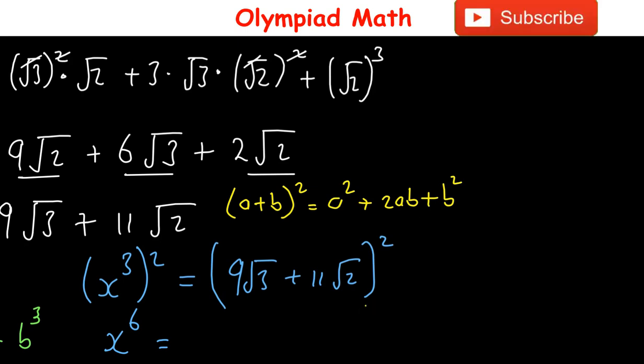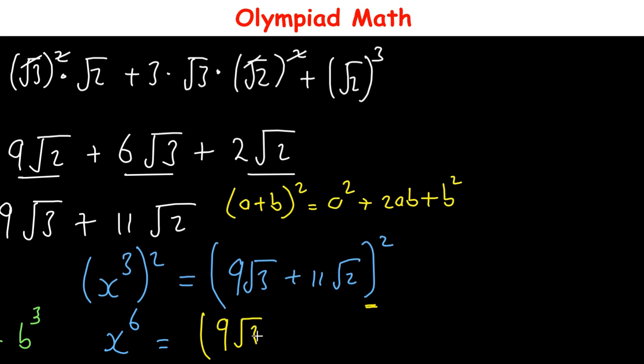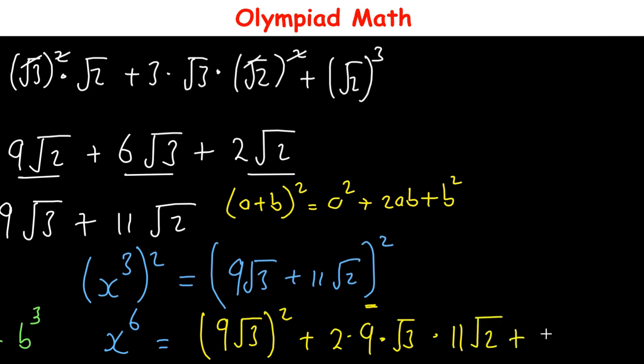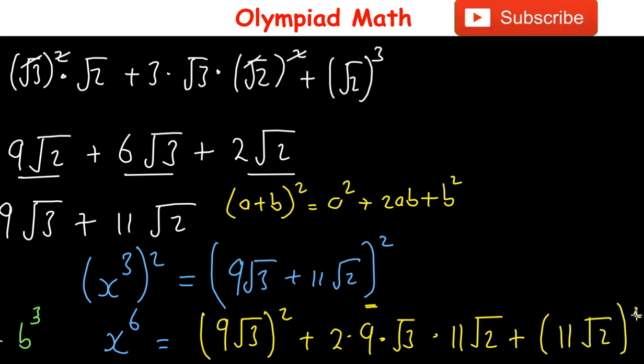Applying this rule right here, this then becomes in brackets 9 times square root of 3 all raised to power 2 plus 2 times 9 times square root of 3, then times 11 times square root of 2, then plus in brackets 11 times root 2 all squared.